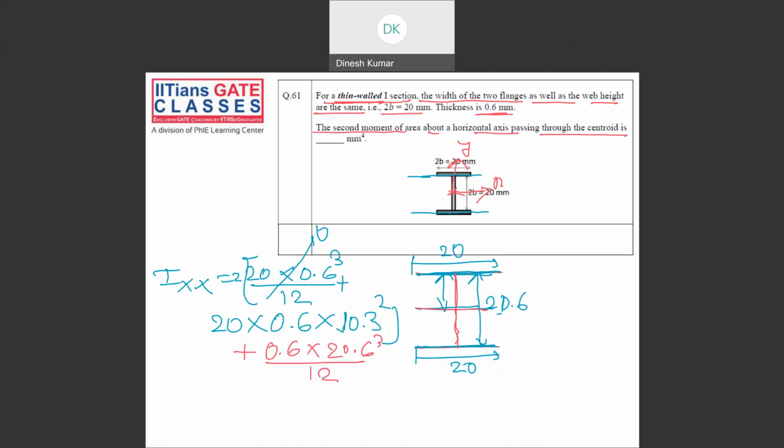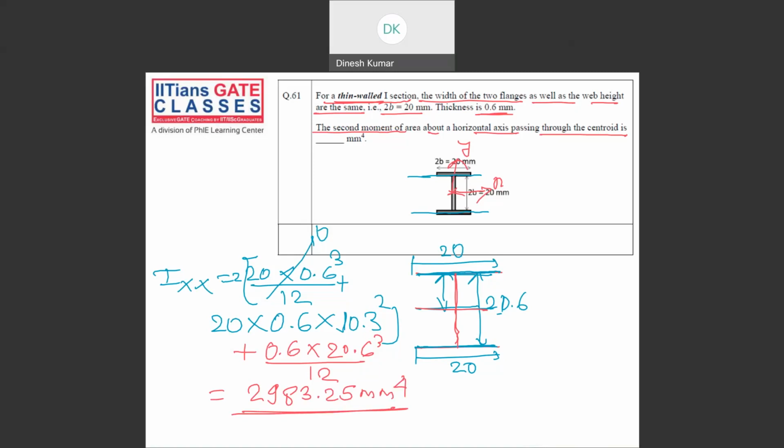If you solve this, the inertia calculation comes out to be 2983.25 mm to the power 4 with the thin wall assumption.